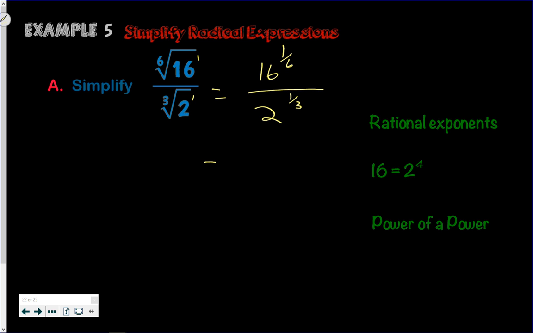Okay, now, this is where it gets a little tricky as far as deciding where to go from here. Think about what your base number is on the bottom. Ideally, if I'm simplifying, is it a lot easier if my bases are the same? So how can I turn 16 into a number that still equals 16, but has a base of 2?